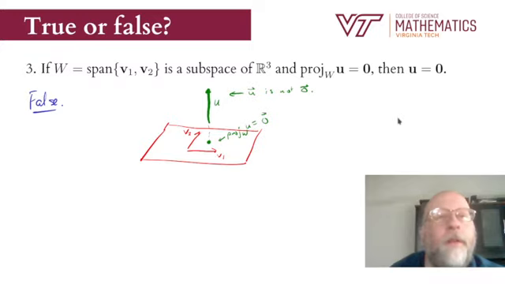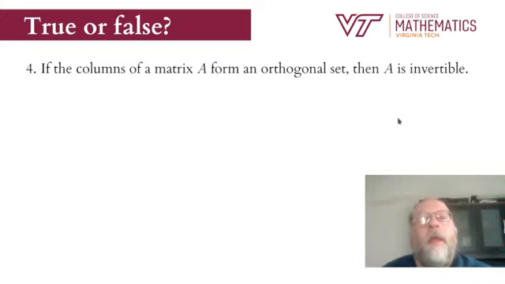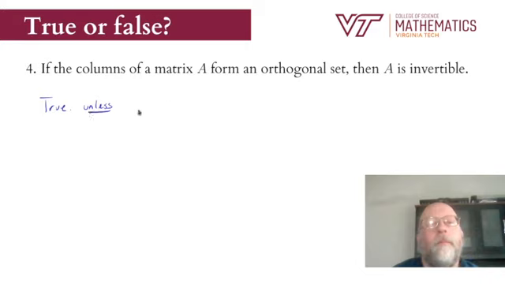Let's keep going. Number 4. If the columns of a matrix A form an orthogonal set, then A is invertible. So if the columns of A form an orthogonal set, then A is invertible. This is true unless one of those columns is 0.